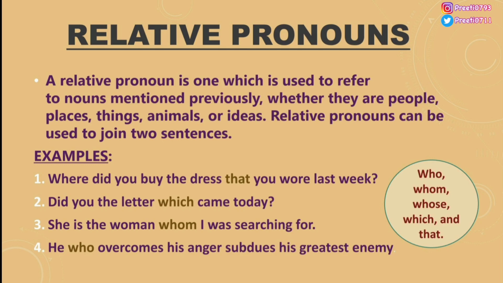Now what we are doing here with the word that is just referring to that noun, which is dress here. And with the help of this word we are also connecting the two sentences here. The first sentence is, where did you buy the dress? And second, the dress that you wore last week. So these are the two sentences which are being connected with the word that.